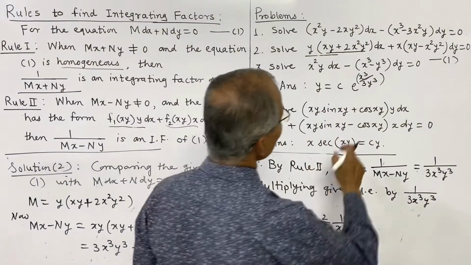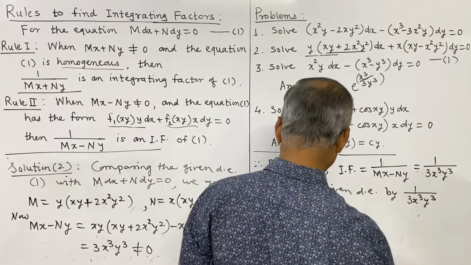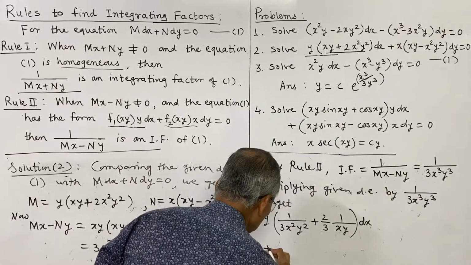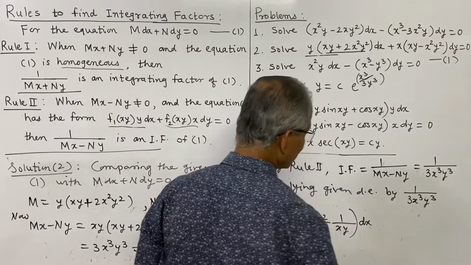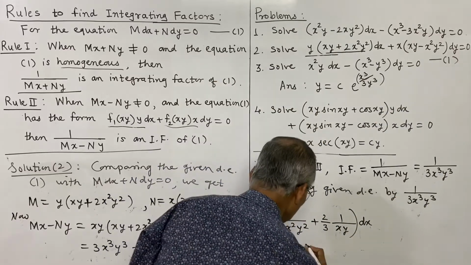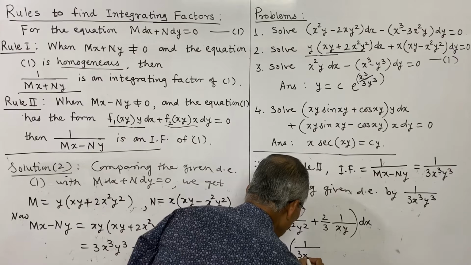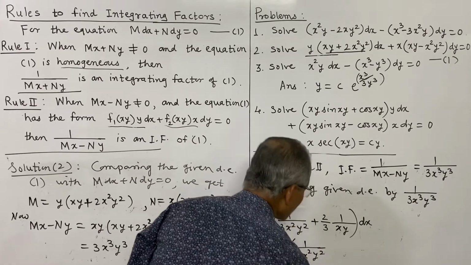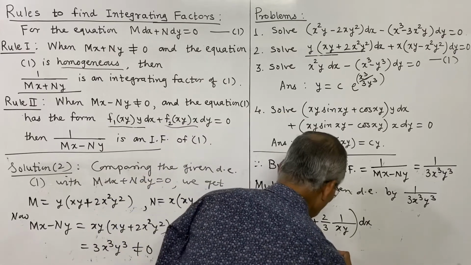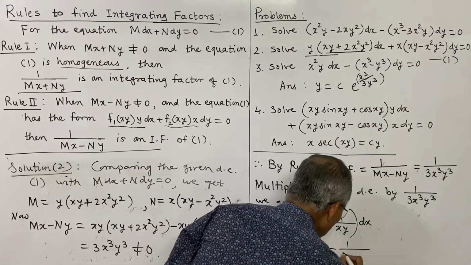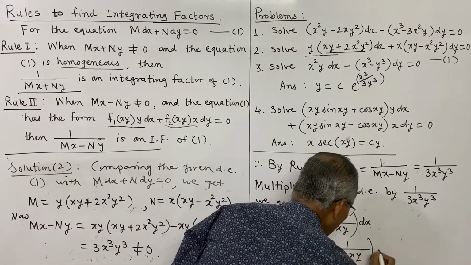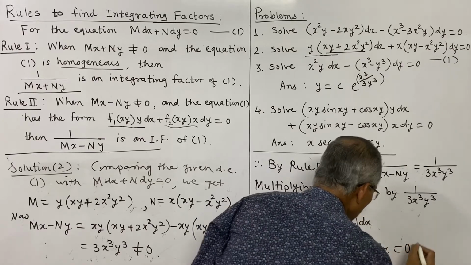And next is x, we will write as it is, plus x into bracket, and here we will divide by 3x cube y cube, so that is 1 upon again 3x square y square, minus, and this is square term, cubic term, so 1 upon 3 into xy dy is equal to 0.